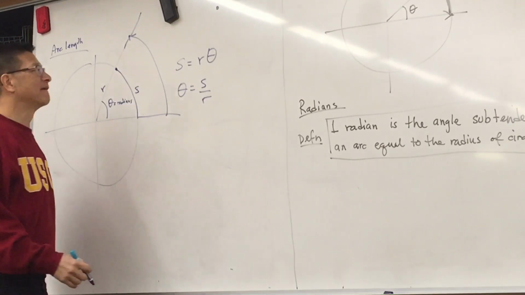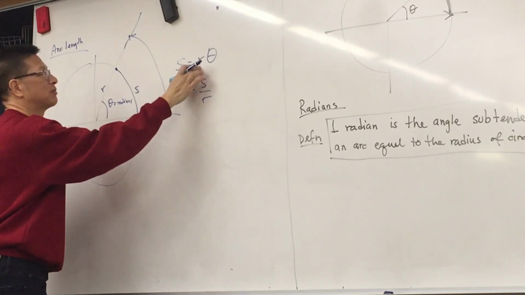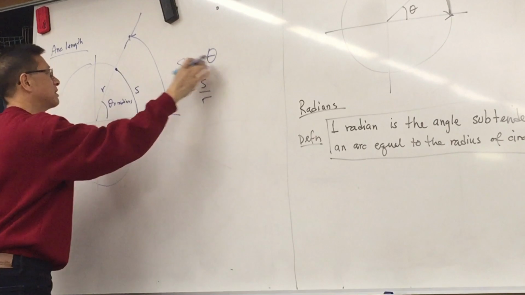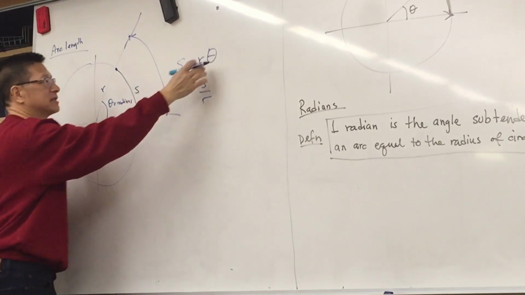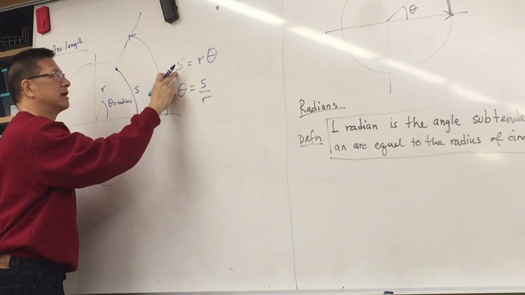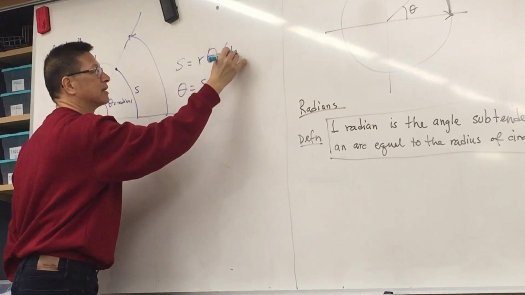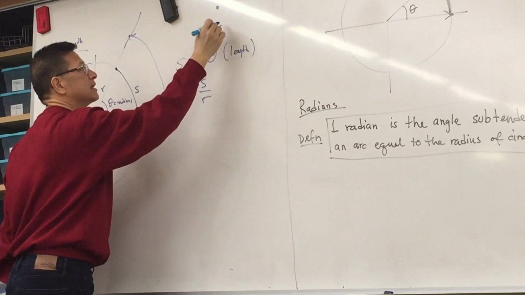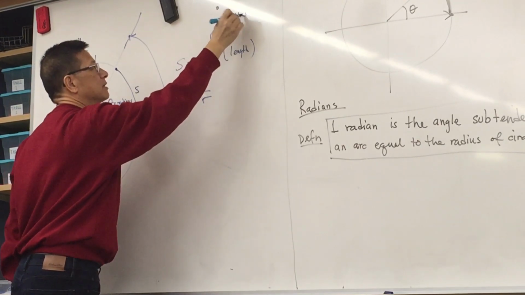It's literally fractions. The arc length scales with the radius, and it's just simply multiplied by radians, and this radians is essentially unitless, so you get a length. This is a unit of length. So this radians is unitless, okay?